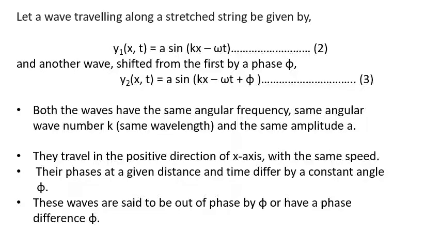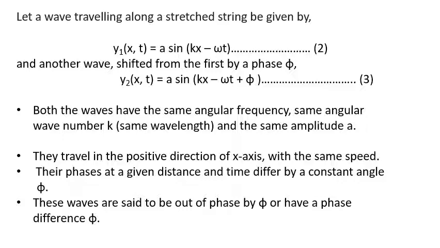Let a wave traveling along a straight string be given by y1 equals a sin(kx minus omega t), and another wave shifted from the first by phase phi be given by y2 equals a sin(kx minus omega t plus phi).